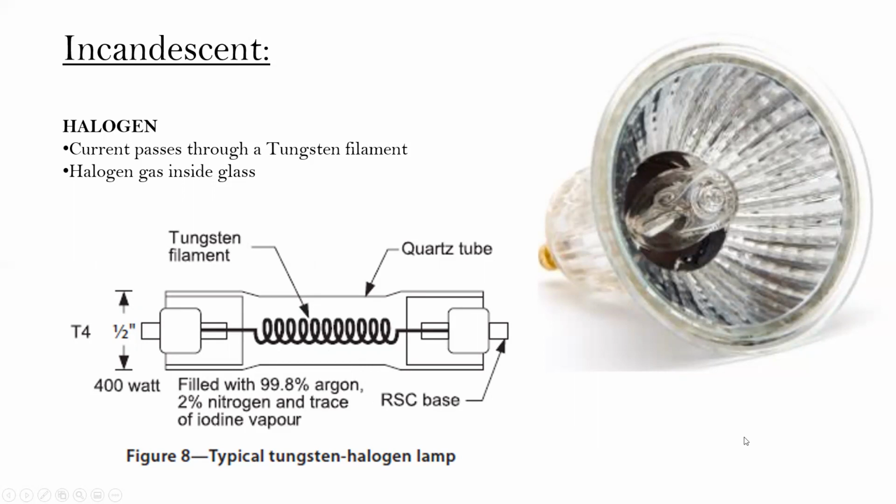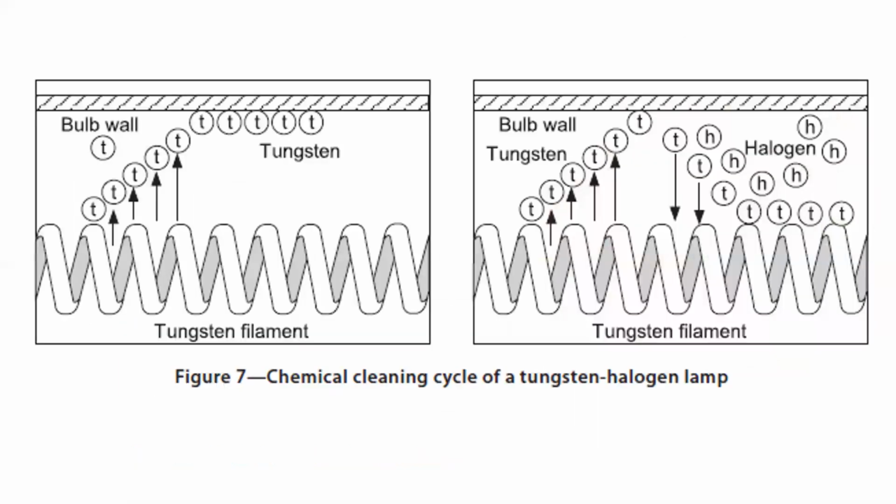And really what that did was it increased the light output, but it also ensured that the tungsten element lasted longer. So in a typical bulb, what would happen is that the tungsten would slowly evaporate essentially from that filament, but in a halogen, it would reattach. And so it simply made it last longer.